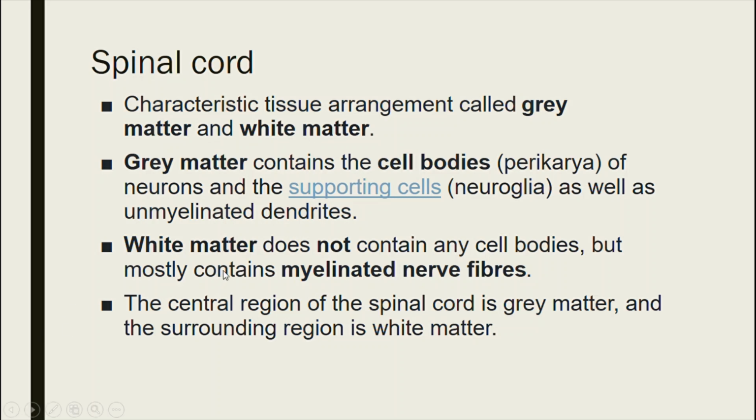Bipolar means with two processes. The white matter does not contain any cell bodies, only myelinated nerve fibers. The central region of the spinal cord is grey matter and the surrounding region is white matter. So these are the features which can be seen in a cut section.